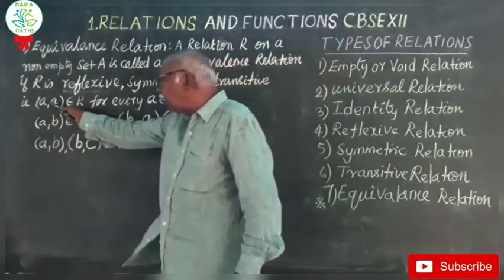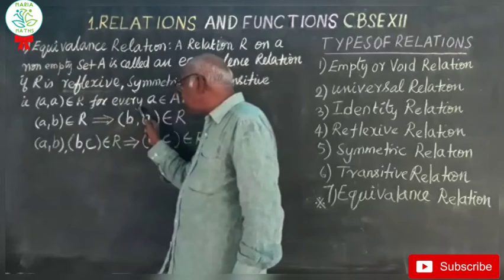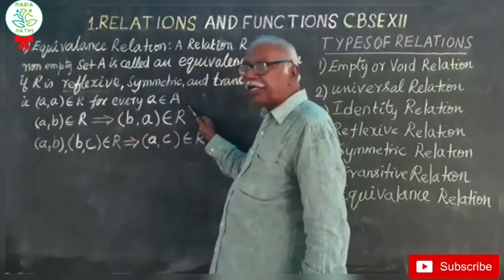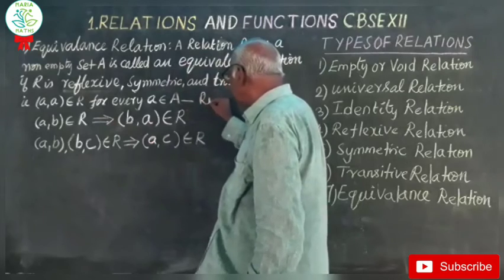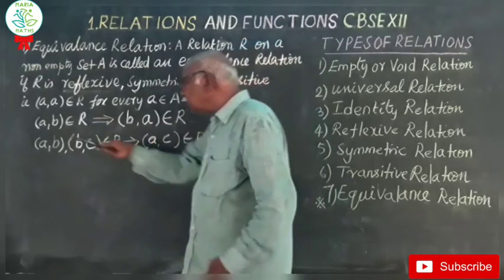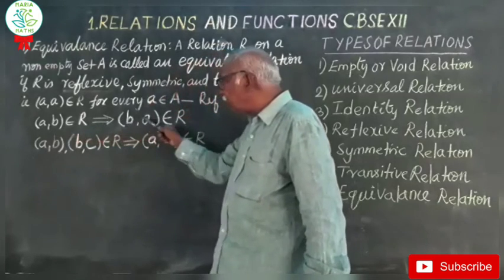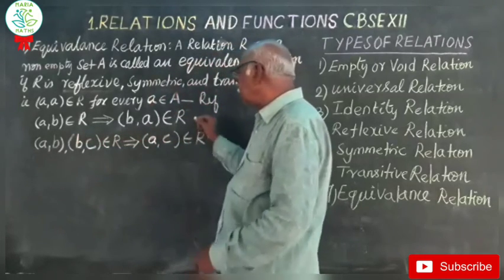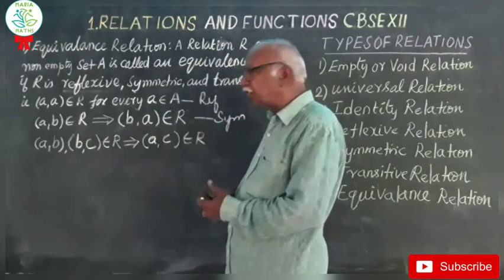That is, for every small a belongs to capital A, (a, a) belongs to capital R, it is reflexive. Second one, if (a, b) belongs to R, implies (b, a) also belongs to R, that is symmetric. Symmetric relation should be satisfied.